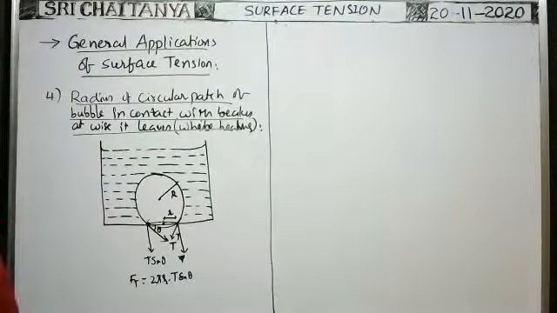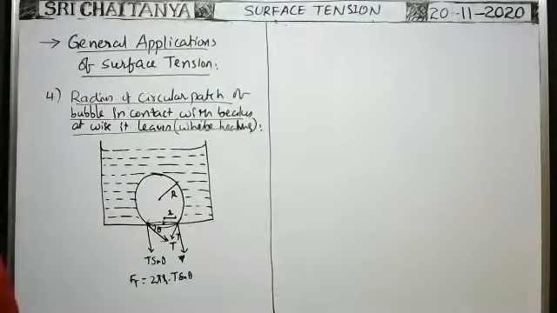That's why, under equilibrium, to leave the bubble from the bottom of the beaker, what is the condition? The buoyant force must be greater than or at least equal to the force due to surface tension.